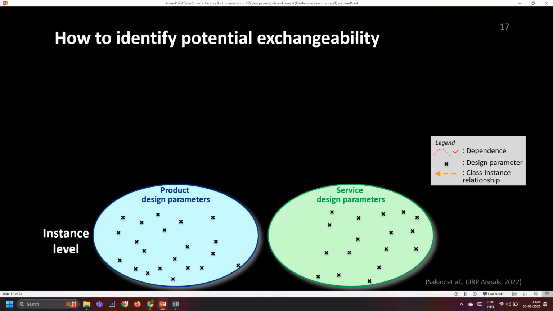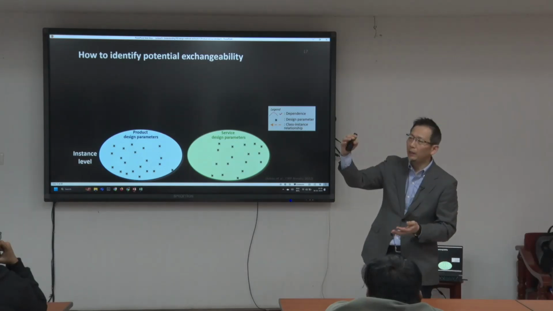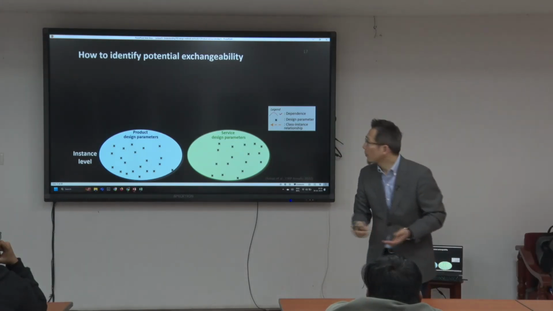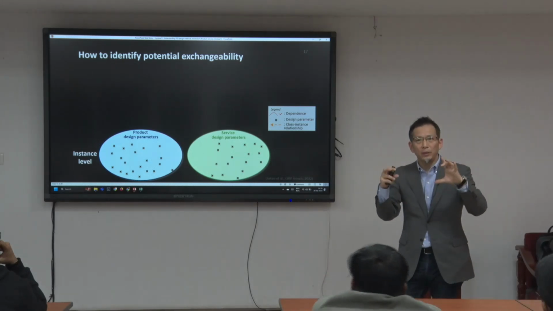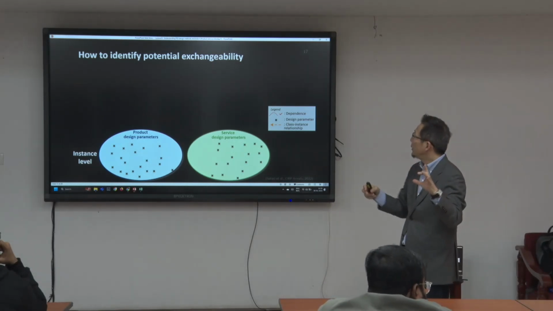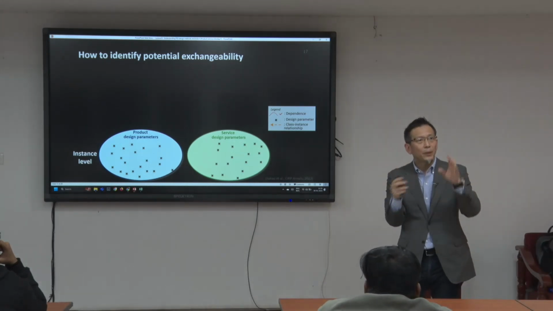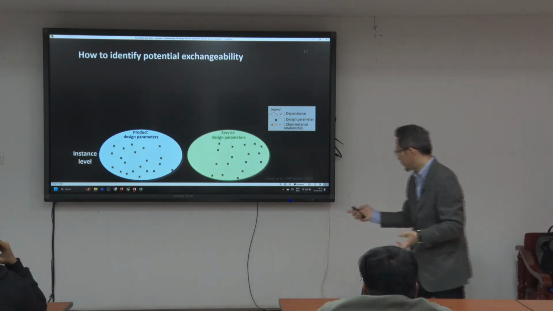And so now the question is, you have a product service system, and you have described product design parameters and service design parameters. The question is, which design parameters have interdependencies in between products and services?